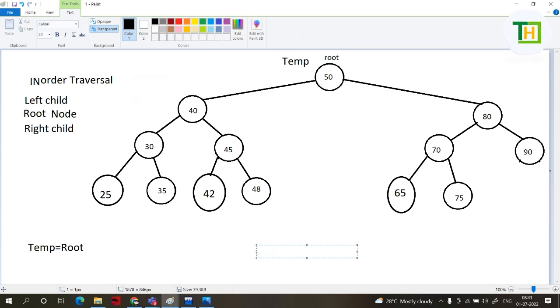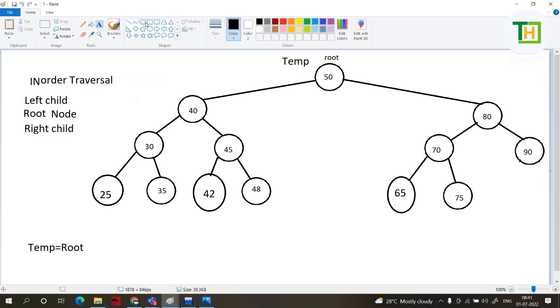Like that, I am going to convert this into Inorder Traversal. Suppose there are only 3 nodes, for example 50, 40, and 80, or else only these 3 nodes, 30, 25, 35.